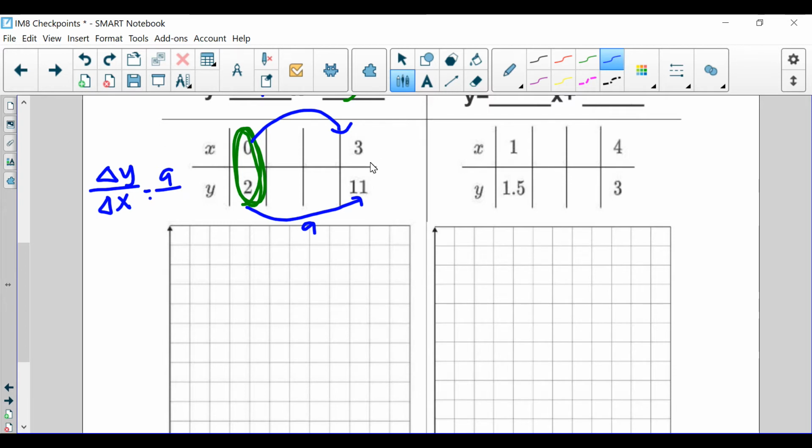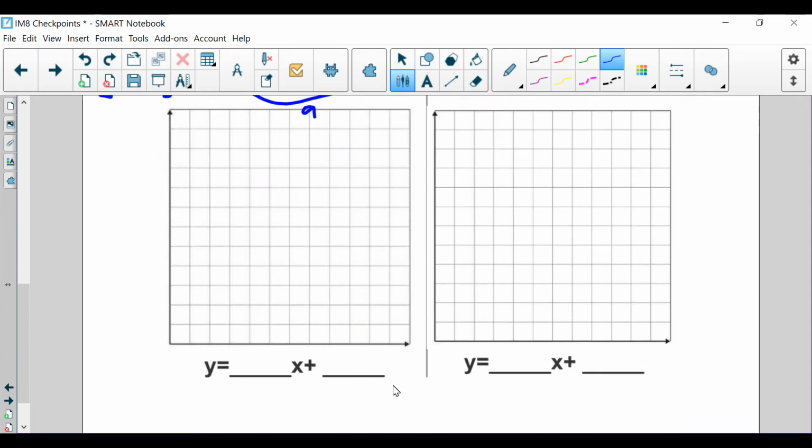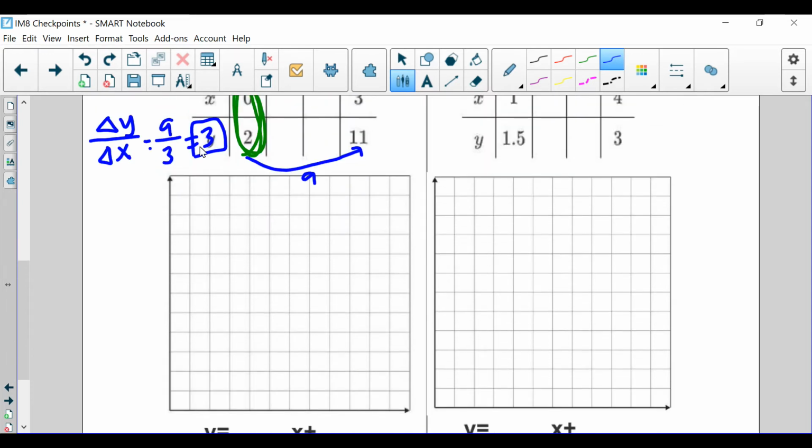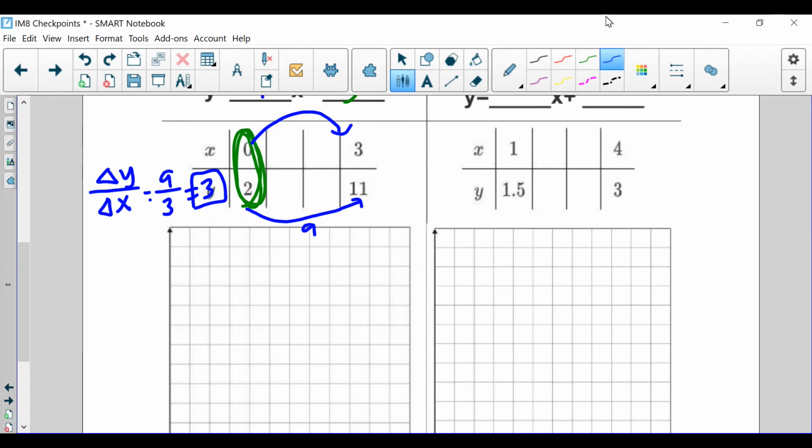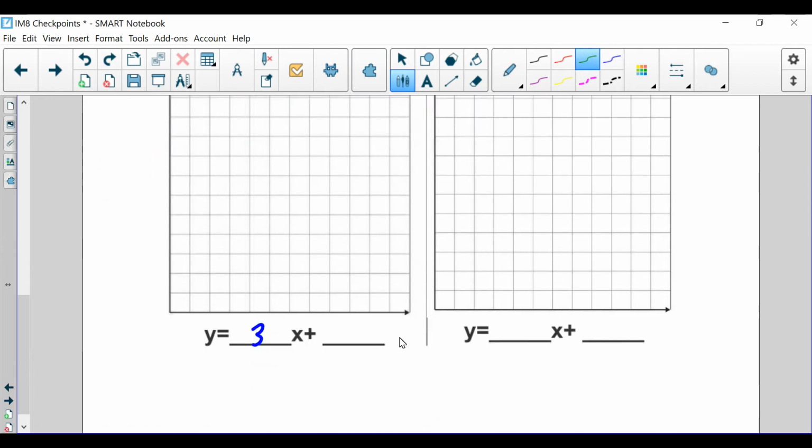That change is 3. 9 divided by 3 is 3. Woohoo! Next, we can write our equation now because 3 is our slope, which is right here. And then we know our y-intercept is right over here, figure 0, 0, 2, which is here. And I'm going to write that in green.